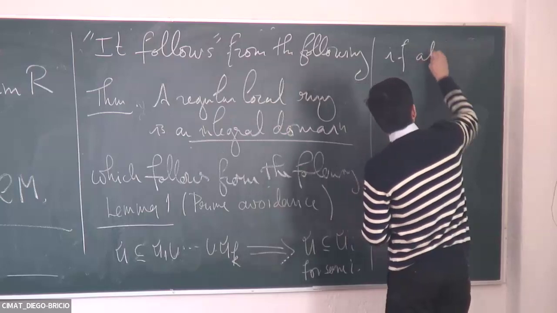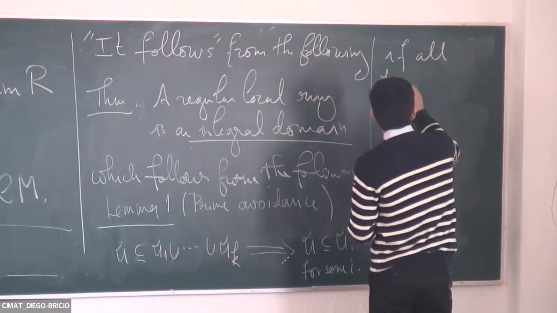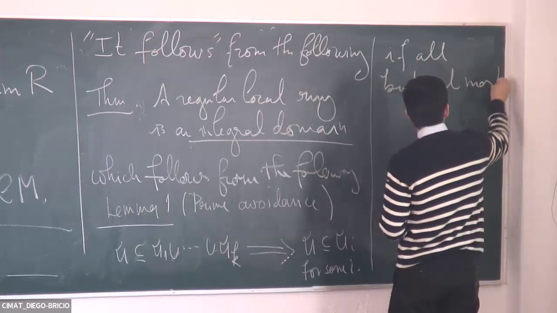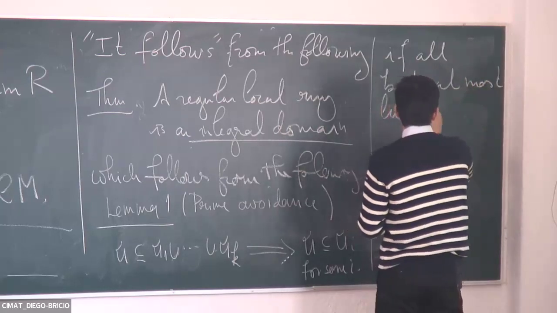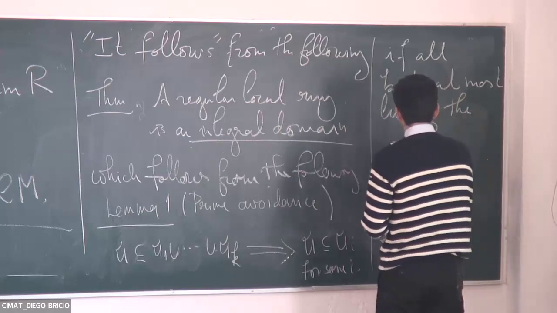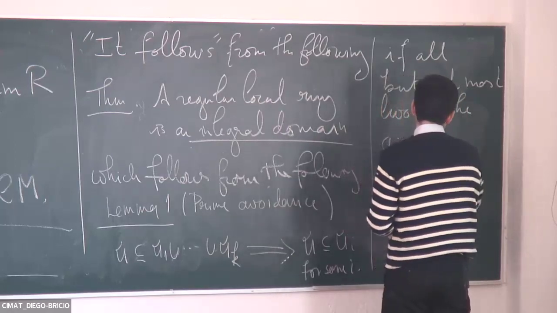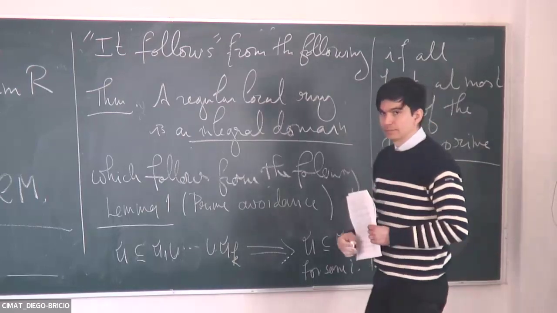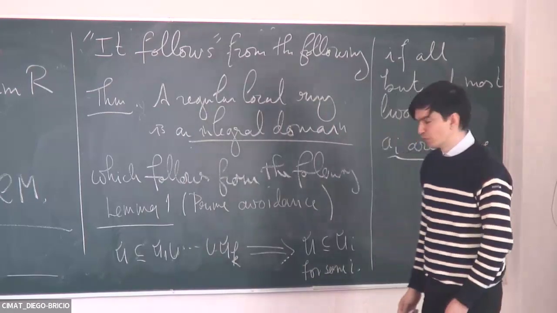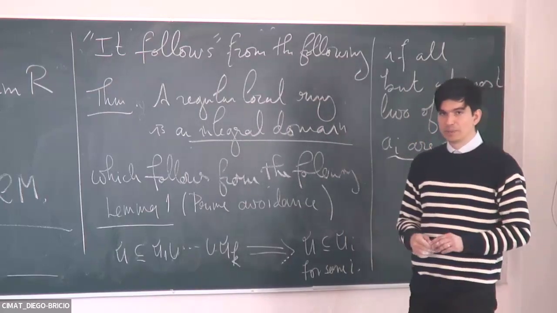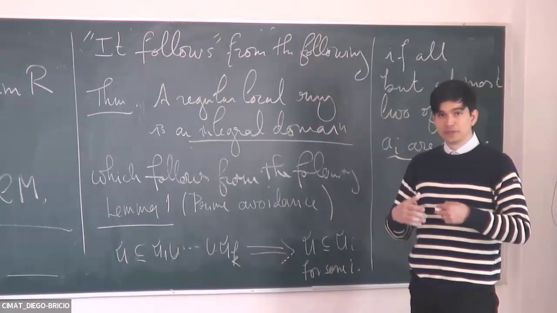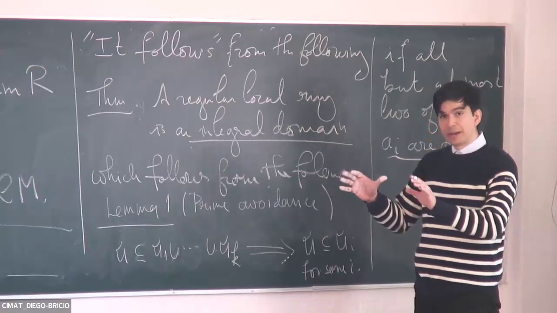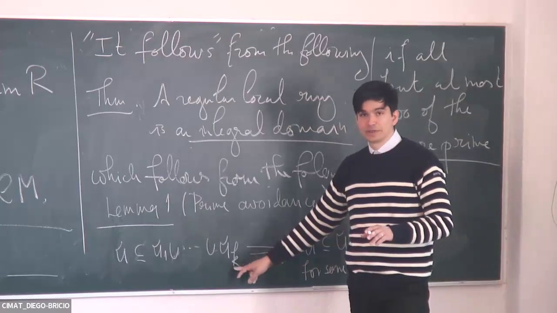If all but at most two of the I_i are prime. And the reason for this is you can just copy and paste the proof of the usual prime avoidance, which is by induction on the number of ideals.